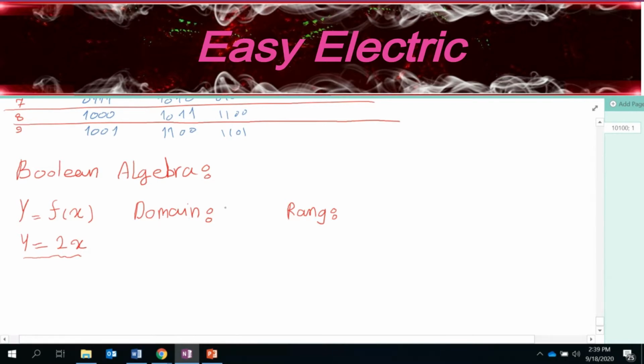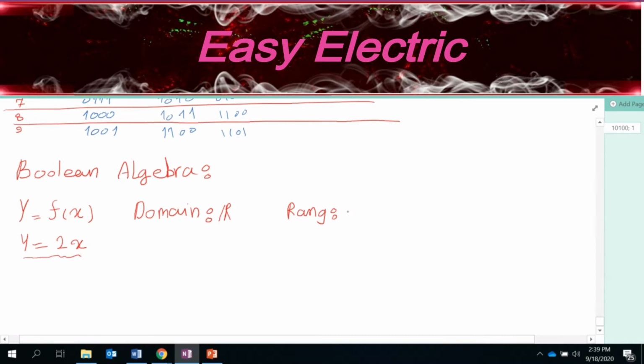If you say the domain is the real numbers, or R, that means x could get any value from the real numbers, right? So you could put 1, 2, 3, negative numbers, all the things that you have in the real number set. On the other side, you have the range. Range means, if you give each of these values from R, which values y is able to get.